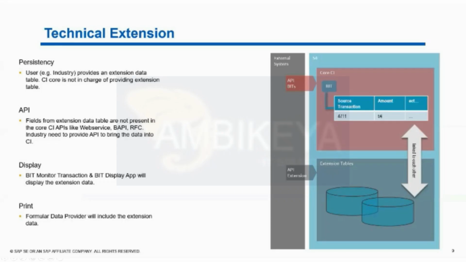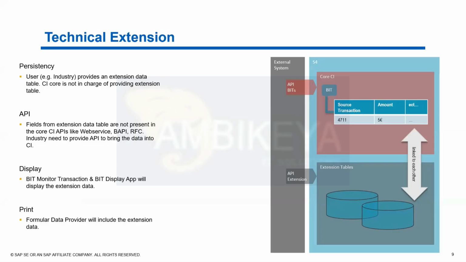The next one is technical extension. It's also new, coming this year. So what is this? I think you are all familiar with converging invoicing. And you know, in on-prem and cloud, one of our basic elements is a billable item.